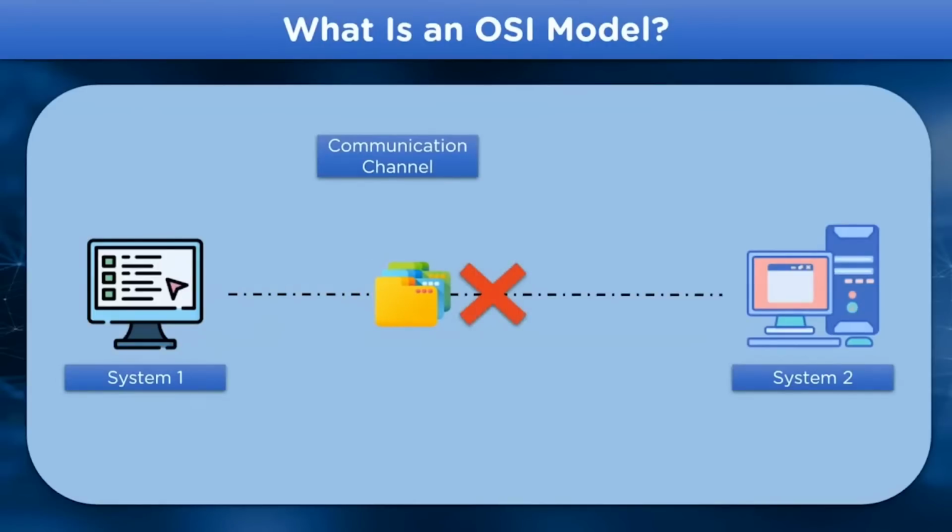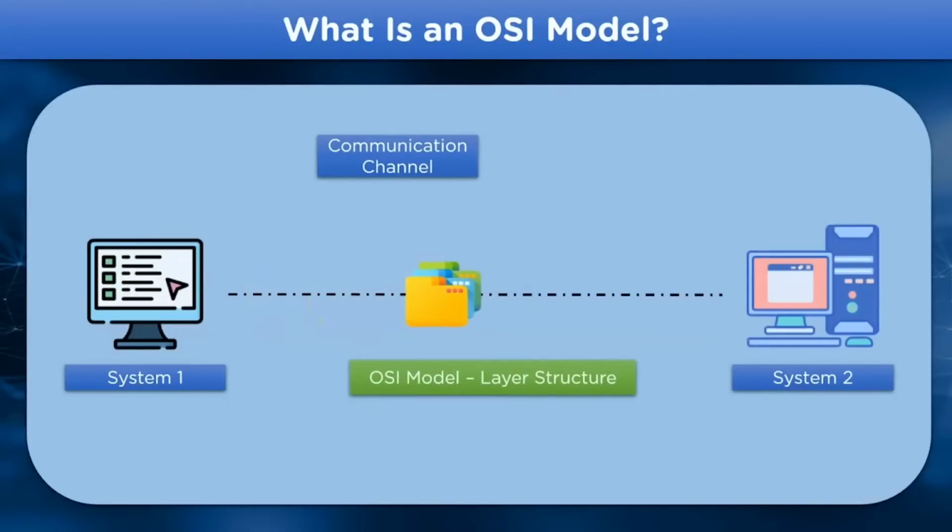These errors often arise due to the different operating systems installed in the systems or due to a network problem during transmission. To overcome such situations, the OSI model structure is used. Using the OSI model structure, we can make the transmission of data over the communication channel error-free.